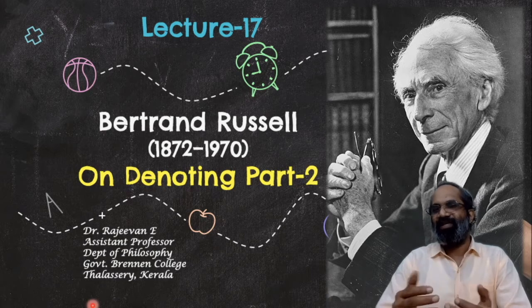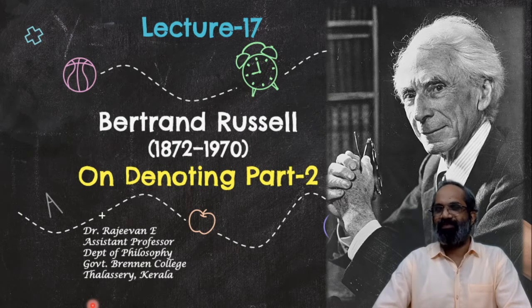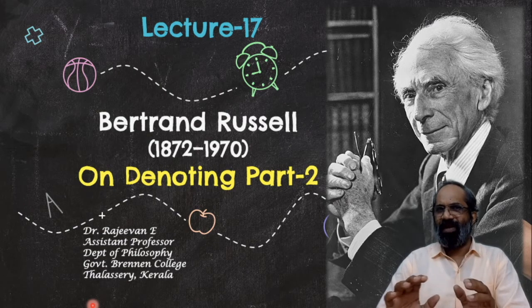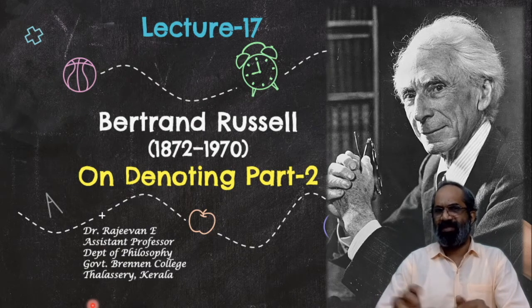So here we need to differentiate between surface grammar and depth grammar. The surface grammar is what is apparent when we express some statement in language, the grammar that is visible to us.